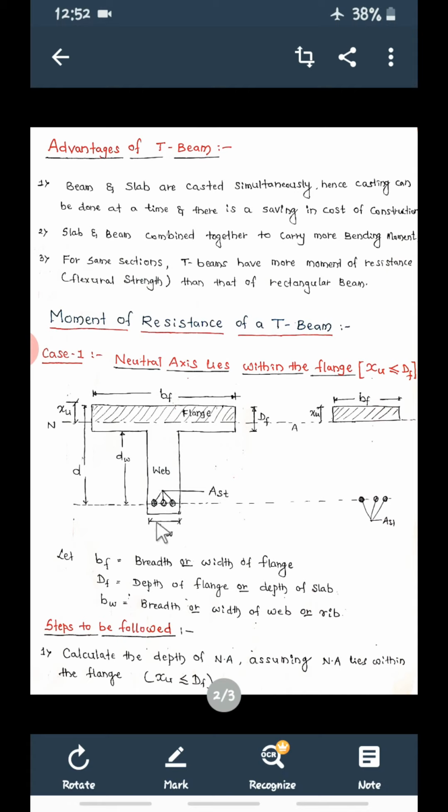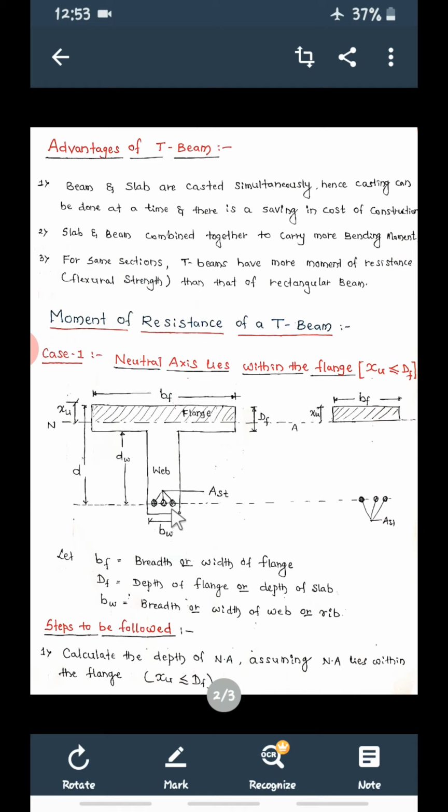Then this is the width of web, this portion, the beam. Whatever you are seeing, this is the beam. This beam is considered as either web or rib. So this is the width of beam, denoted as BW. BW means width of web, or BR also. In some notations you can see BR also, that is width of rib.